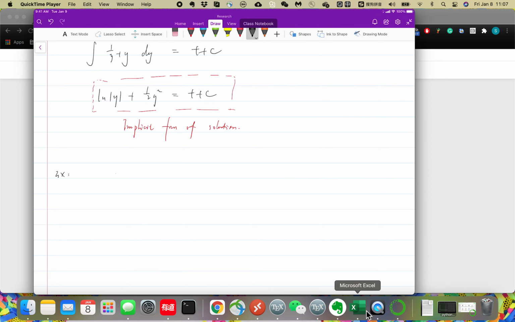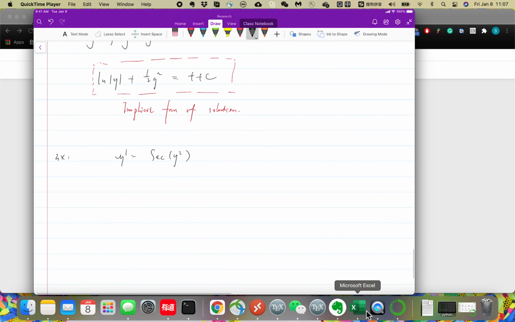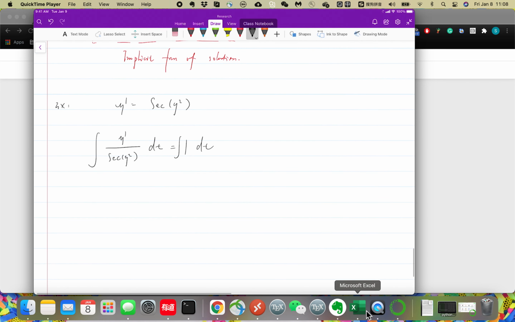Some other time, you can solve something like this. Okay, it's separable. So far, so good. Now, still good.